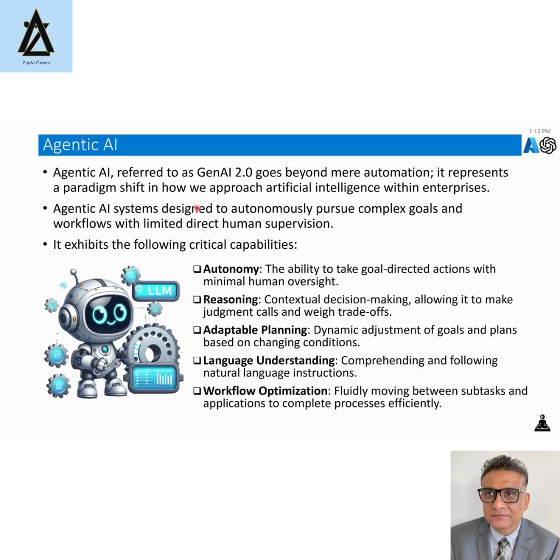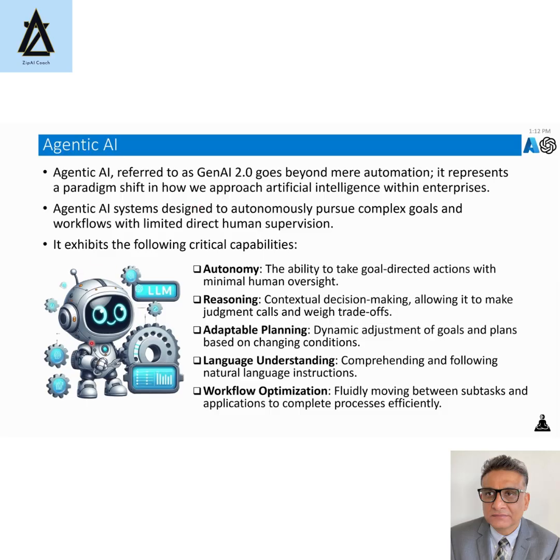So essentially, this agentic AI takes the discussion to the next level, where we do things more than just automation, where we start asking application to perform actions and bring in some autonomous thinking, planning, reasoning with the help of the language model.